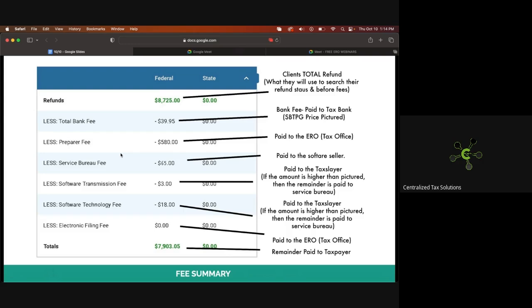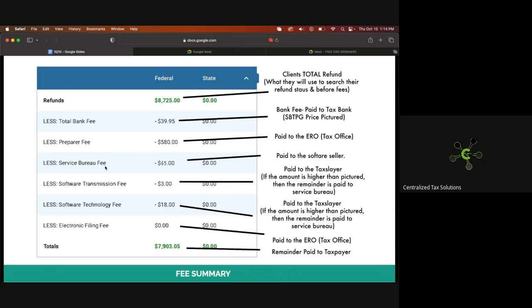That doesn't include advances. I also explain that to them, that it does not include anything. So interest and all those other fees associated with those are going to be additional, and it will be in the breakdown if they apply for it. But this is a return that has no advance, and it's just for the purpose of what the bank fees are for.